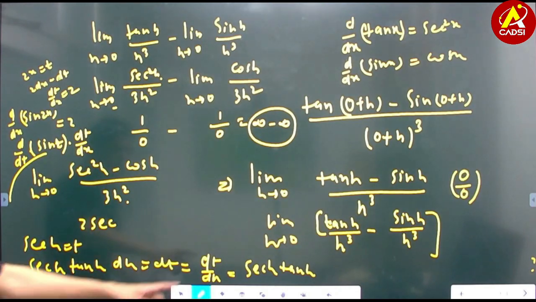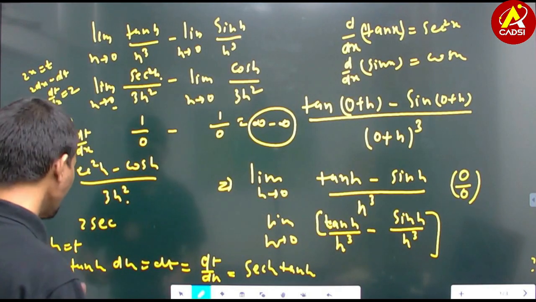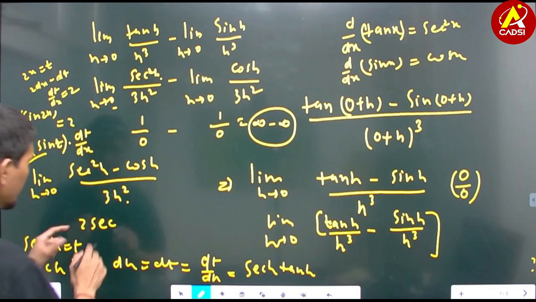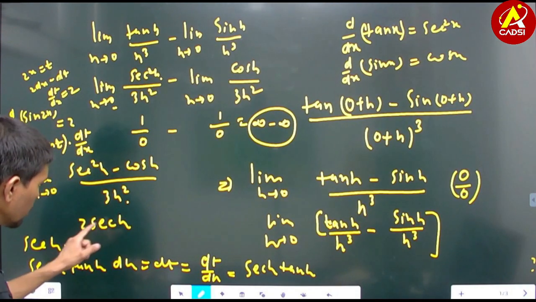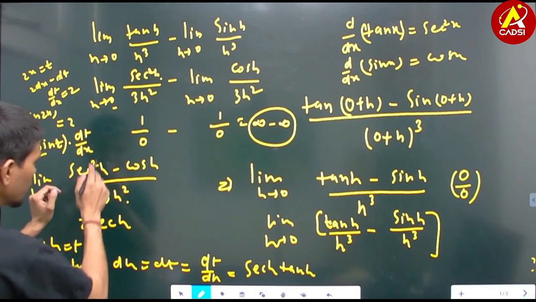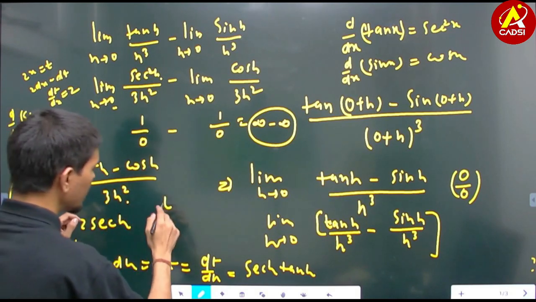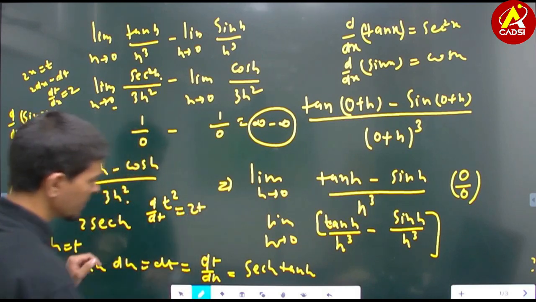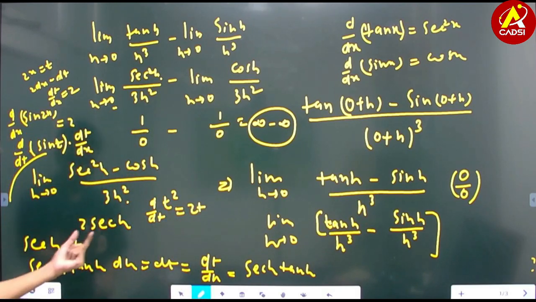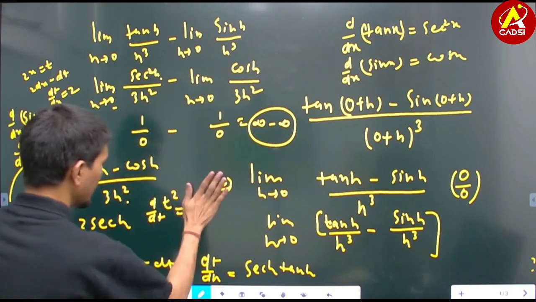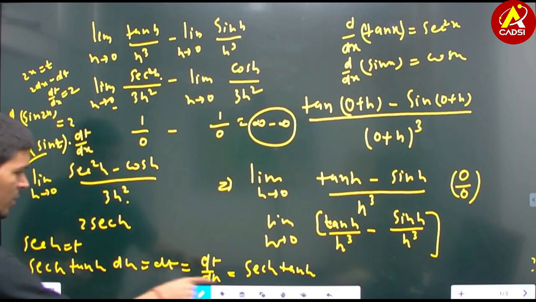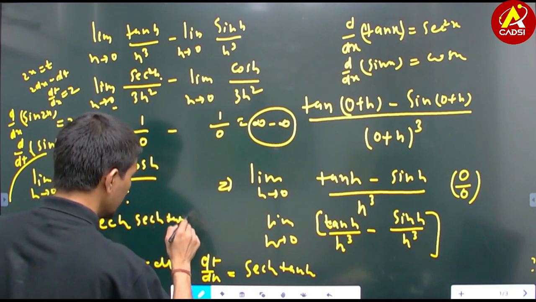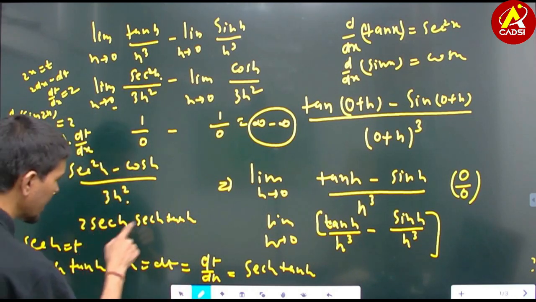Then for sec square h, that is t square, if d upon dt of t square is 2t, then t is sec h, so 2 sec h, and dt upon dh is sec h tan h, which gives 2 sec square h tan h.